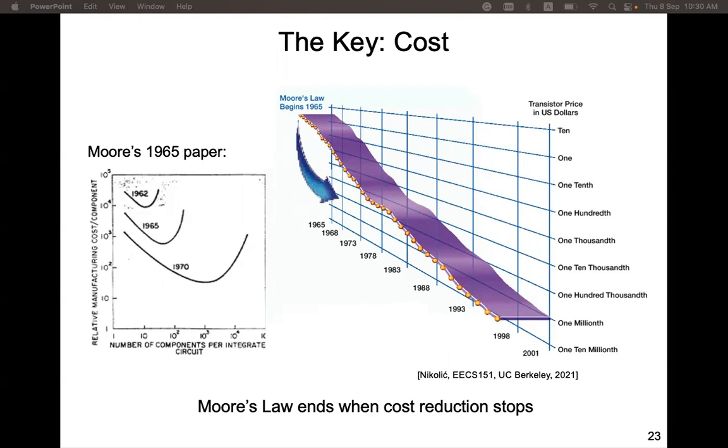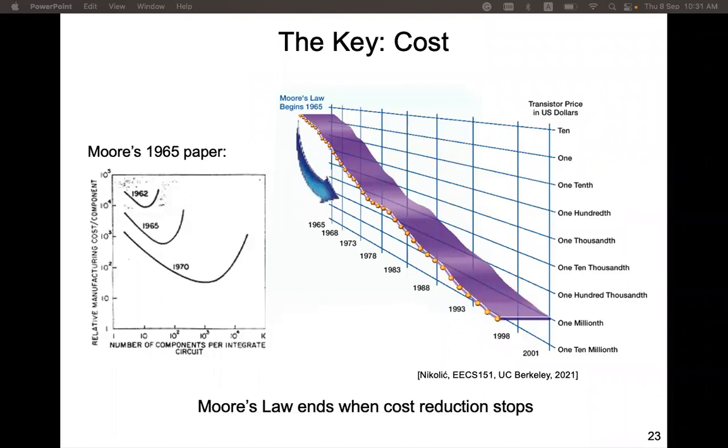So yesterday we talked about the key technology trends for modern digital technologies. Basically, transistor counts per chip increase exponentially over the past 50 years, as described by Moore's law.